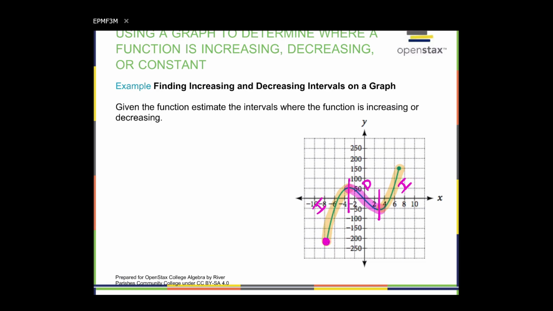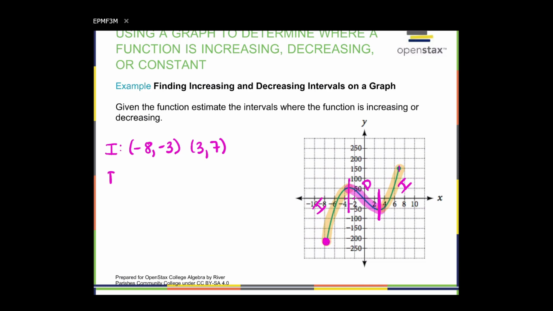So I'm just going to say that it's increasing from -8 to, it looks like it's between -2 and -4, so that'd be -3. And it's also increasing from 3 to, oh, this looks like 7. Again, we're looking at the x's, not the y's.